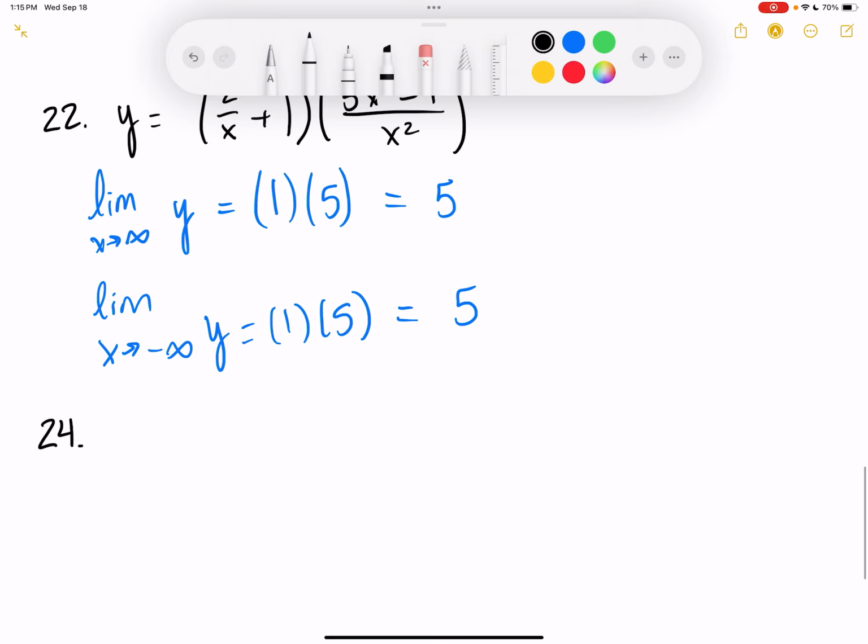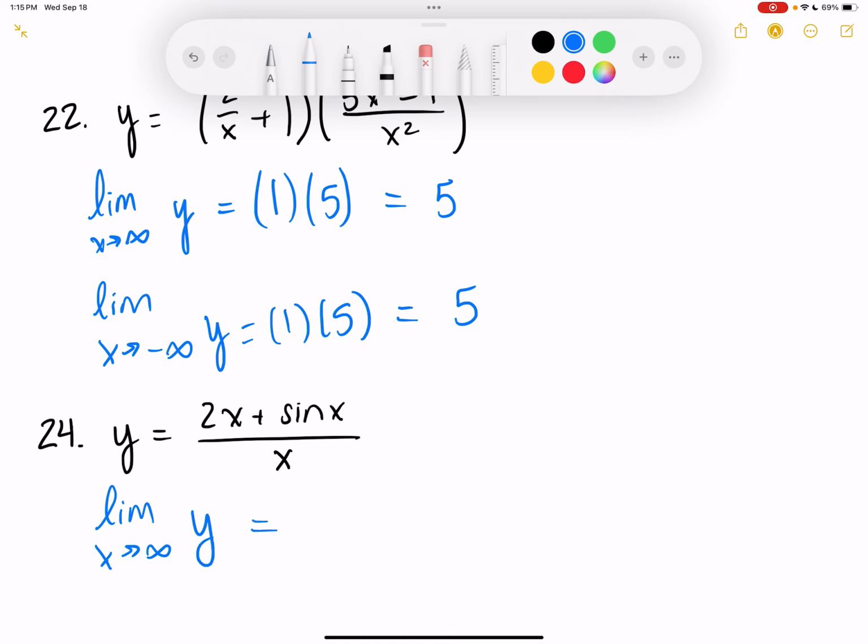24. y equals 2x plus the sine of x, over x. The limit as x approaches infinity of y.